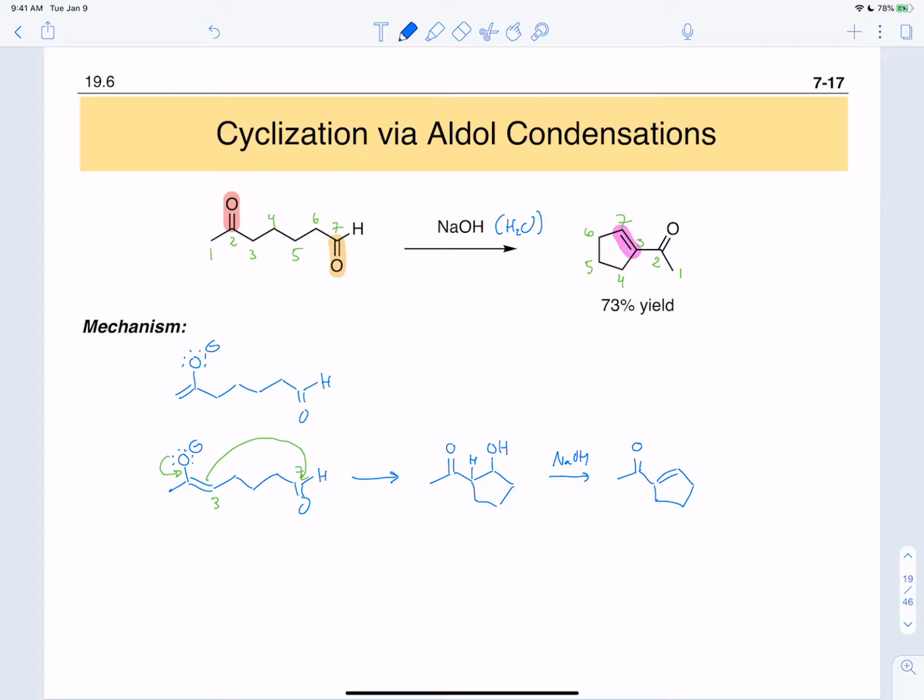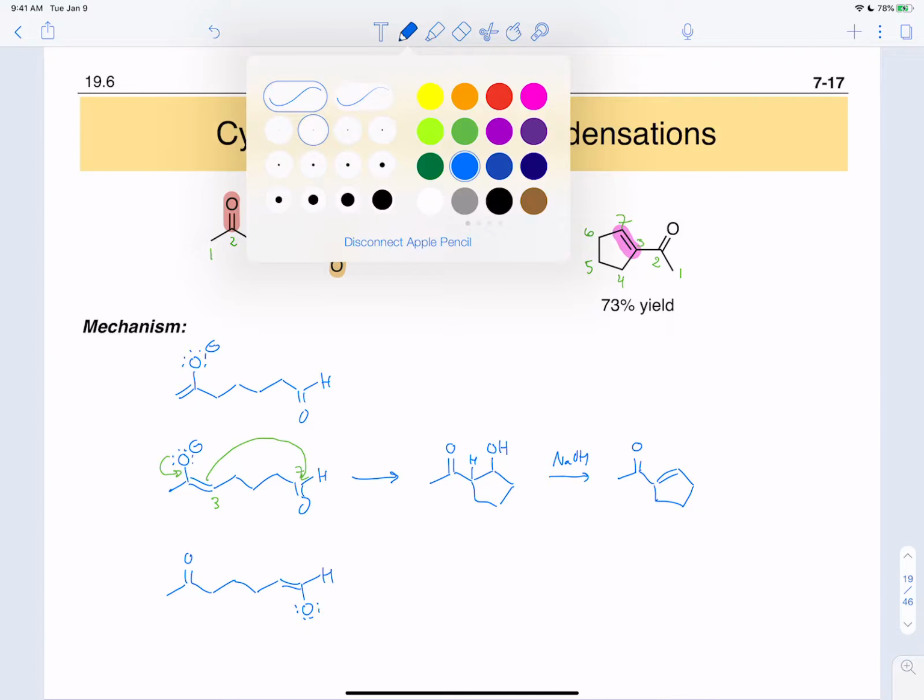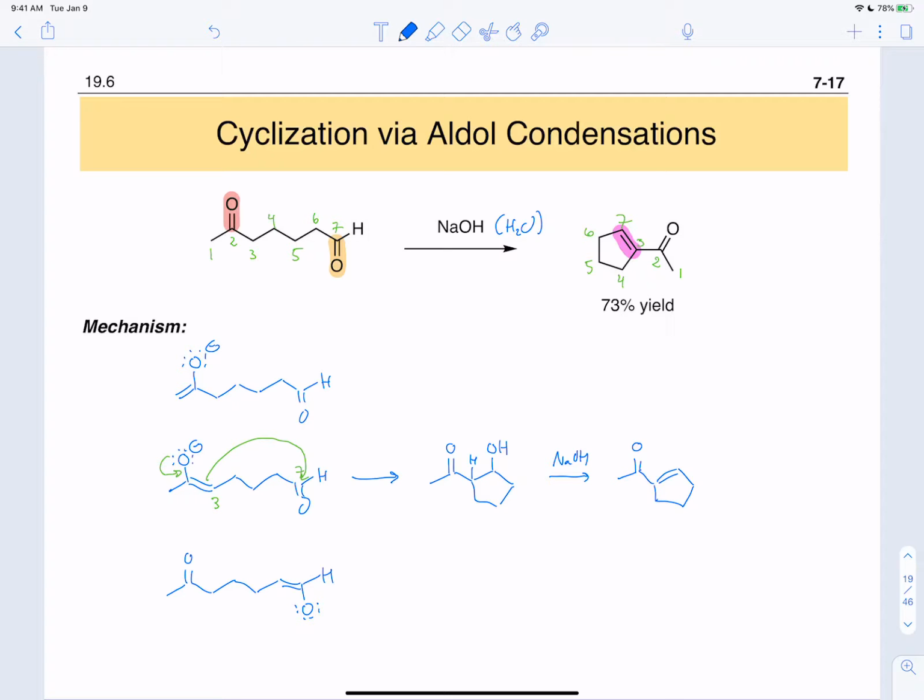So how about these other options? So I'm going to draw out the final enolate that we could have, and that'll be from making the aldehyde enolate. So when we have these types of cyclization products, you really want to be considering each one of them and how they might be able to react. So in looking at this first example, we can see that this would lead to a potential reaction between 1 and 7, because the enolate will be our nucleophile and the aldehyde would be the electrophile.